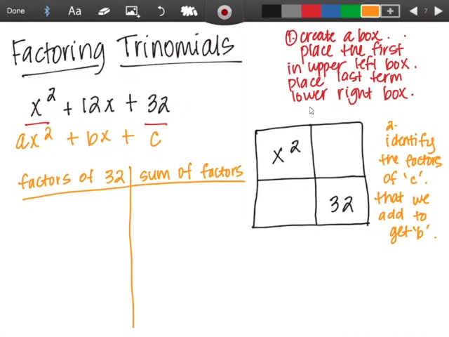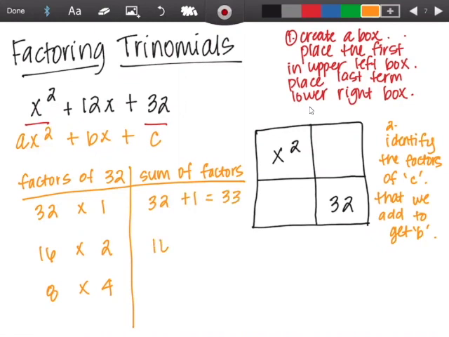All right, so we're talking about 32. So 32 times 1 is 32. We know that 16 times 2 is 32. And 8 times 4 is 32. All right. But if we add those, if we say 32 plus 1, we get 33.